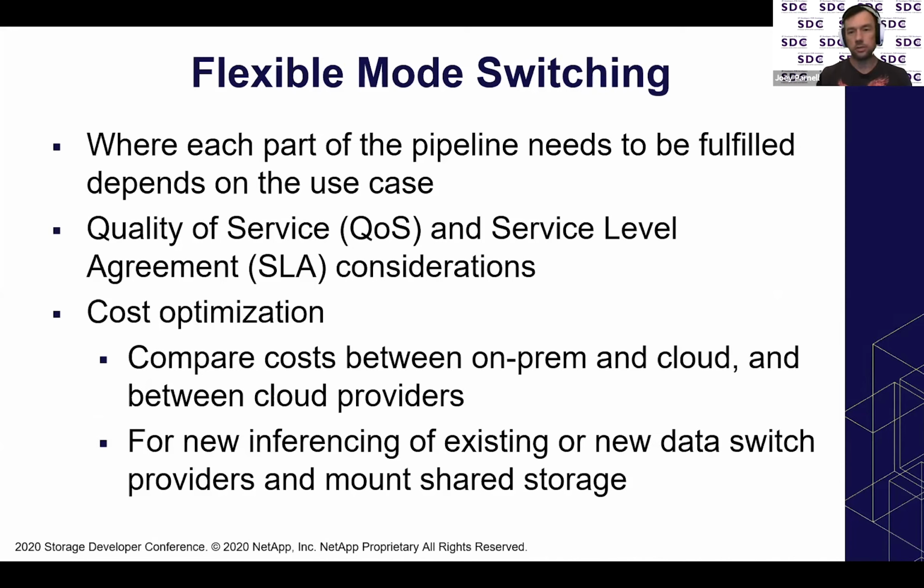So you can optimize your cost by comparing the cost between on-premise and cloud, between different cloud providers, and you can switch where you're mounting the shared storage from for new inferencing or on existing data. You can switch providers, mount the shared storage, and continue your operations on the fly.